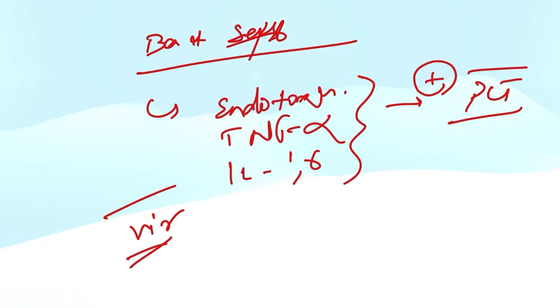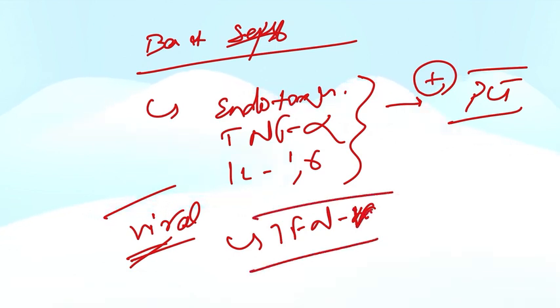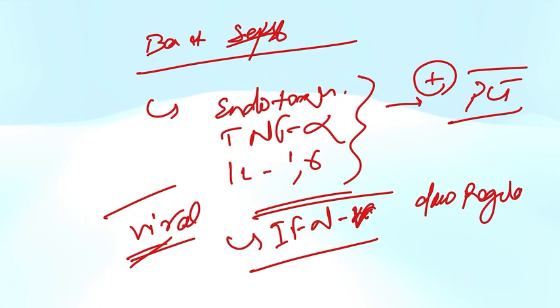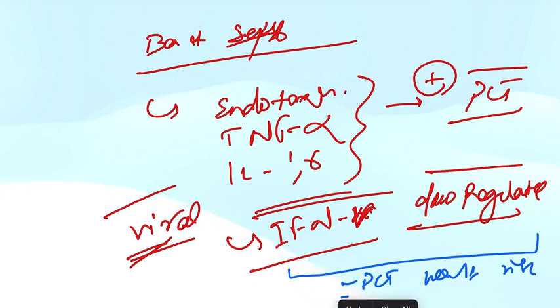As we know, viral infections are mediated by IFN gamma, right? It does not stimulate PCT production, rather it downregulates. So in viral infection, you won't see a rise in PCT, as opposed to the effect in bacterial infection or bacterial sepsis.